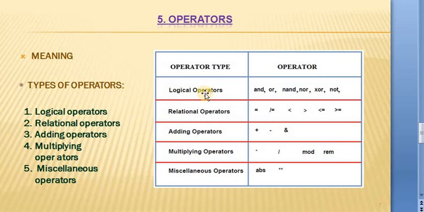The logical operators are basically of 6 types, that is logical AND, OR, NAND, NOR, XOR and NOT. And similarly, the relational operators are of 6 types: is equal to or not equal to, less than, greater than, less than or equal to, or greater than or equal to.